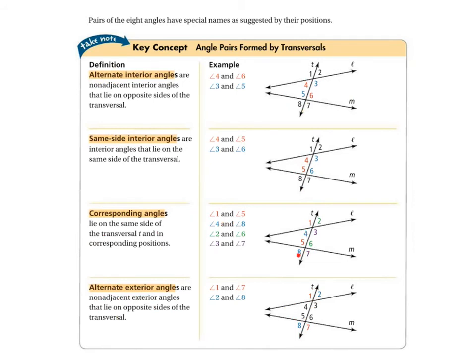And notice one's on the interior, one's on the exterior, 2 and 6, or 3 and 7. You might have something like 5 here, and 2, that's not any particular relationship. So every once in a while you get a pair of angles that we don't really have a name for. Anyway, you might want to take those notes because we're going to need them.